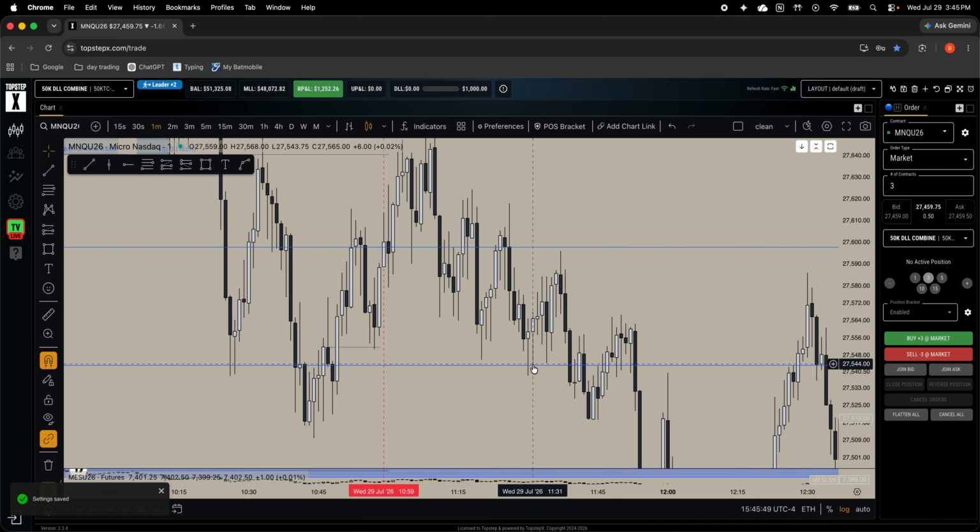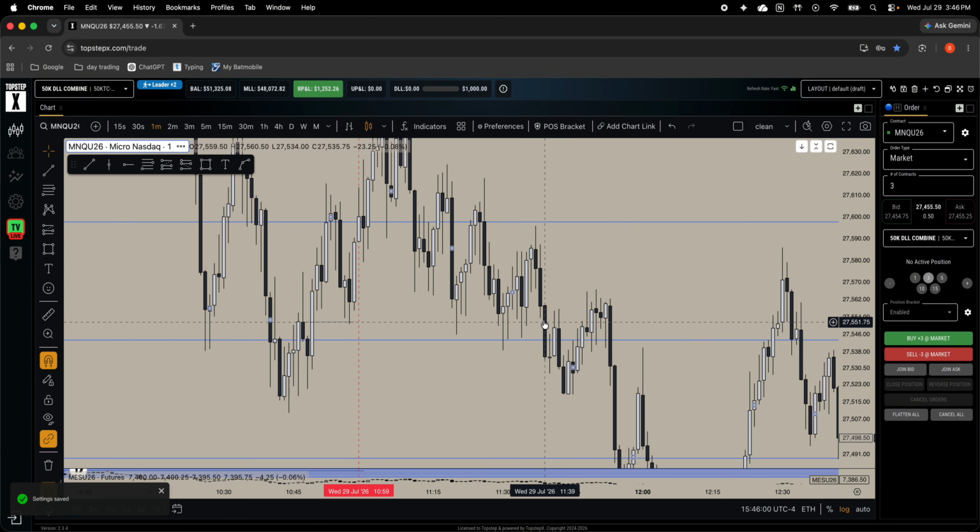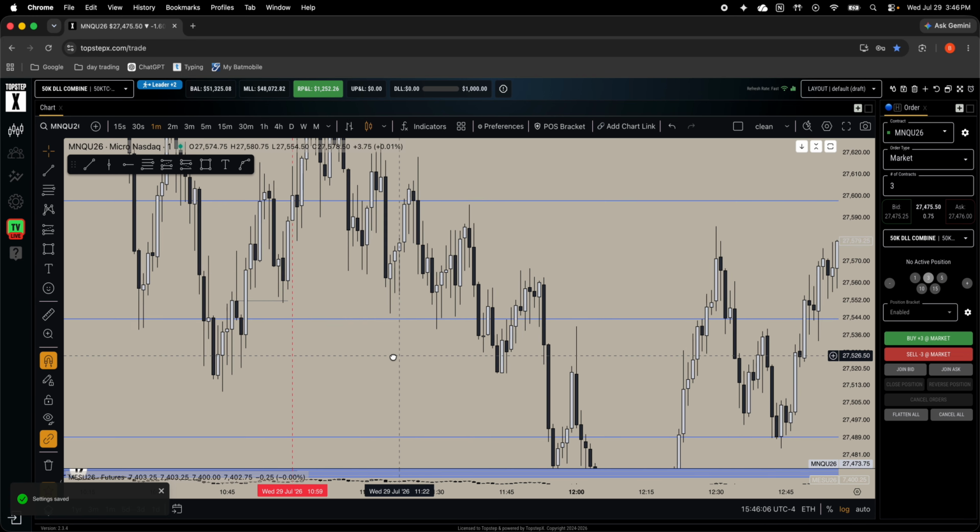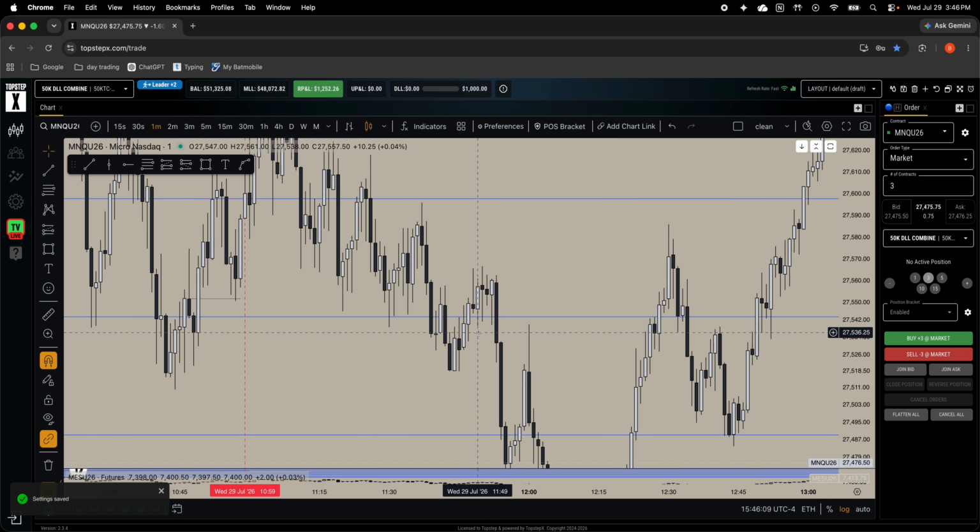Sell side. Well, come down. Imbalance here, or gap here, expecting the midpoint sends us lower. Back up, didn't have enough juice. Relative equal lows. Back up.